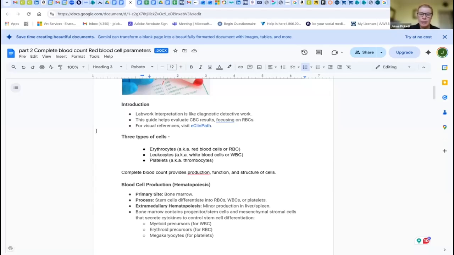It's a mouthful, but I hope that makes sense. While the liver and spleen can help out a little, especially in times of high demand, the marrow is the primary engine behind blood cell production. Cytokines and stromal cells guide these stem cells into becoming exactly what the body needs.